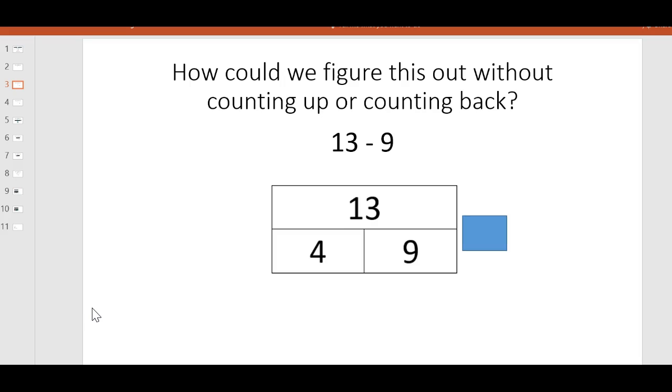they turn to the manipulatives, think about the part-part whole grids that you may have worked with them previously for goal 8 addition. And so at this point, somebody might point to your class chart and say, well, if I know that 4 plus 9 is 13, then I also know that 13 minus 9 is 4.